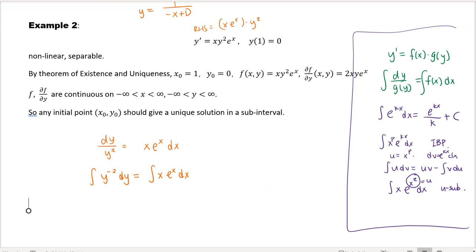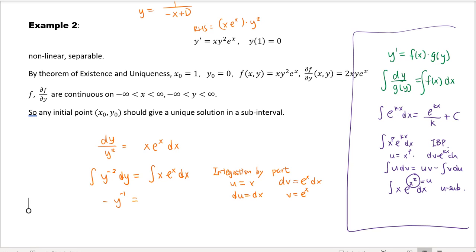Integral y to the -2 is minus y to the -1, and the right hand side is integration by parts. So u is x, dv is e to the x dx, then du is dx, v is the integral of e to the x, which is still e to the x.